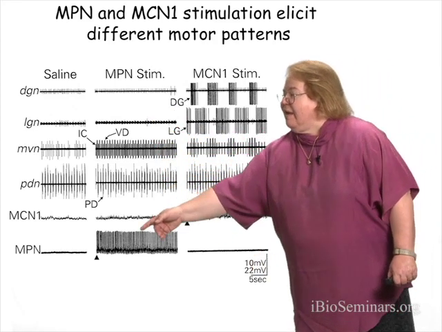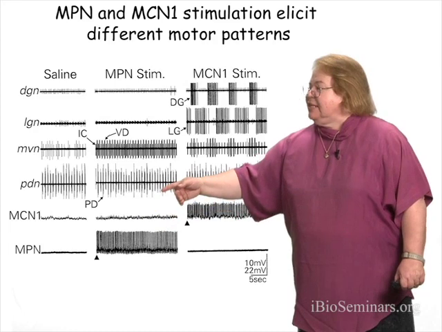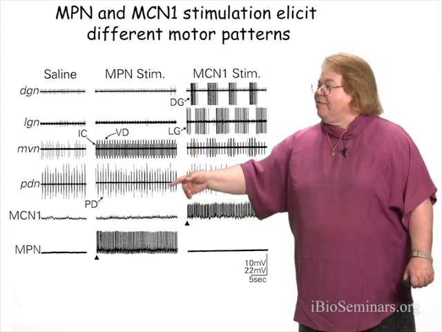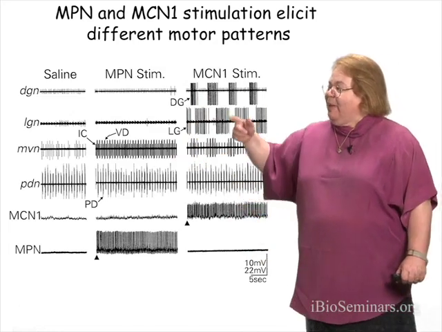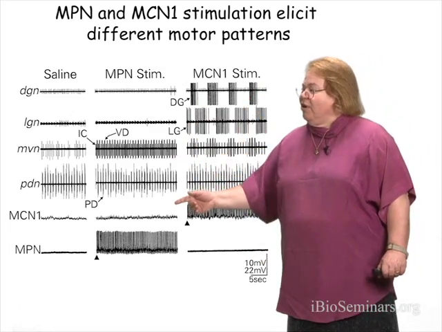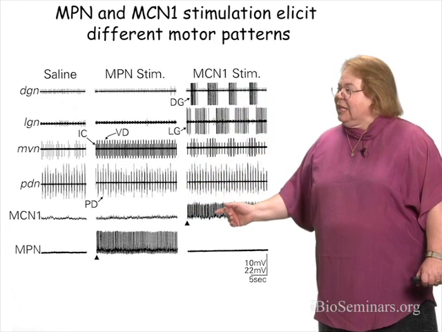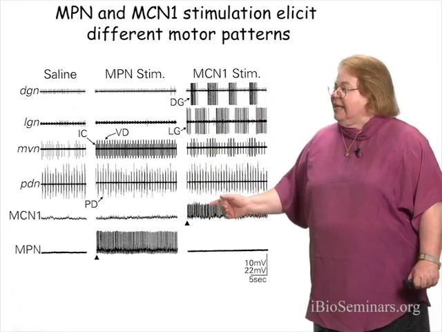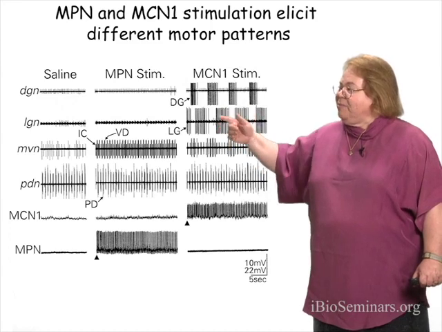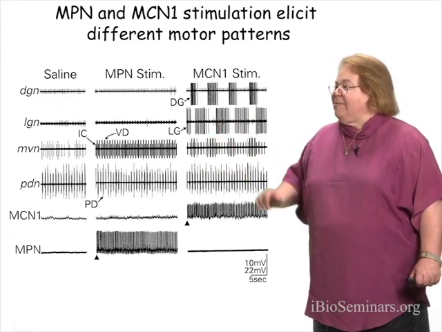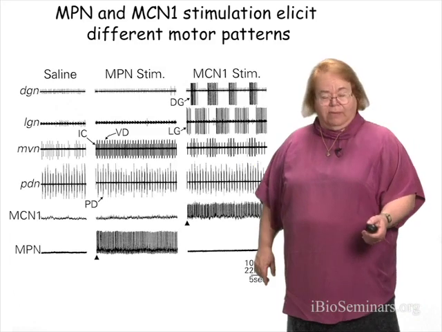And that's seen there on the bottom trace. And now you can see a very strong activation of the pyloric rhythm, but no activation of the gastric mill rhythm. On the last panel, they stimulated a neuron called MCN1. And here you can see that that proctolin-containing neuron now activated the gastric mill rhythm, as well as made some modifications in the pyloric rhythm.